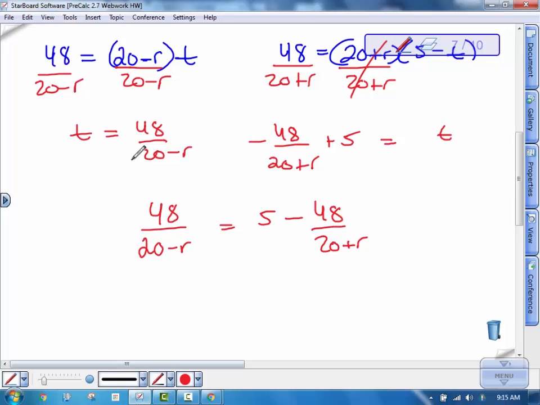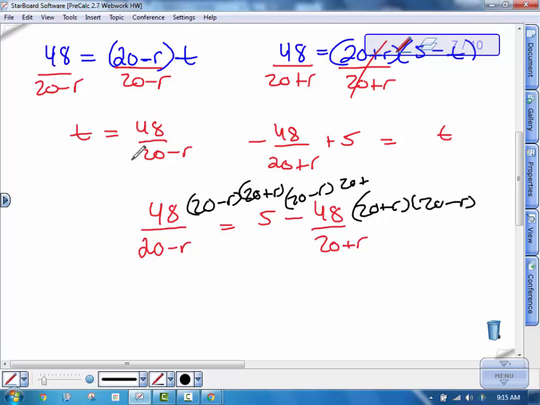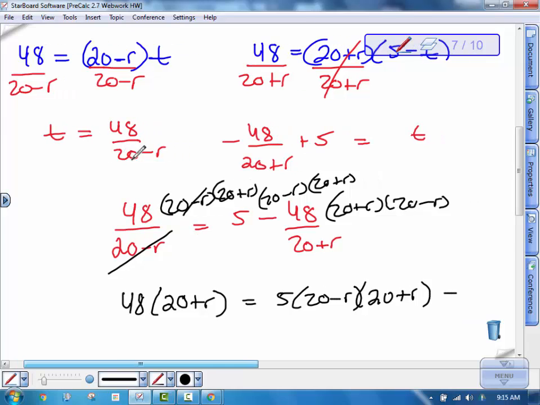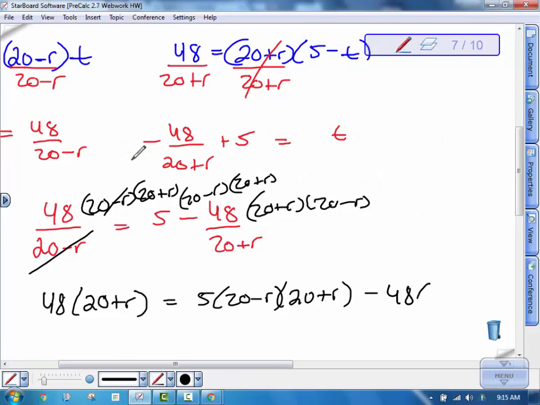Now I need to clear fractions by multiplying through by the least common denominator, which is (20 minus r)(20 plus r), and that goes through to everything. All right, so this cancels, and I end up with 48 times (20 plus r) equals 5 times (20 minus r)(20 plus r), minus 48 times (20 minus r).